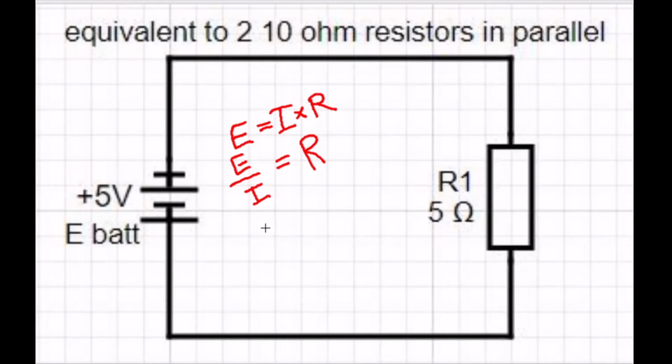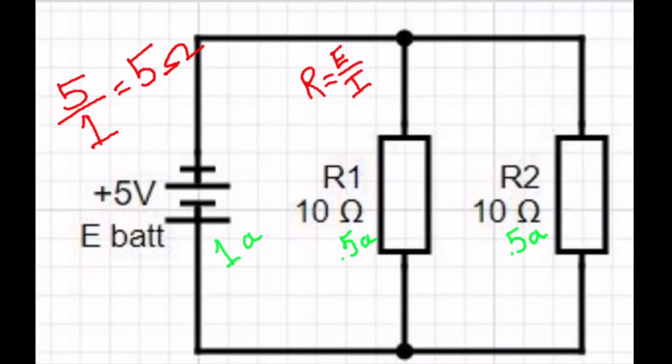So we know that E is 5, and we know that I is equal to what? So we have to switch back and take a look at our last diagram to see what the current was. And we can see from this the current was 1 amp.